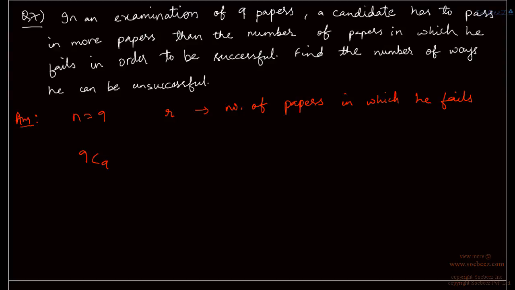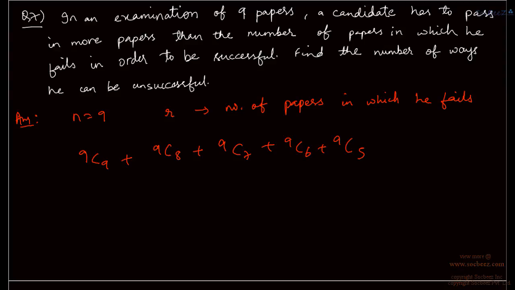So, if he fails in all the papers, obviously he is unsuccessful. Now, we add 9C8, right? Rule of sum definitely applies here. So, if he fails in 8 subjects, well, he is unsuccessful, right? Similarly, 9C7, and then 9C6, and then 9C5, right? In the case of 9C5, he fails in 5 subjects, whereas he passes in just 4 subjects.